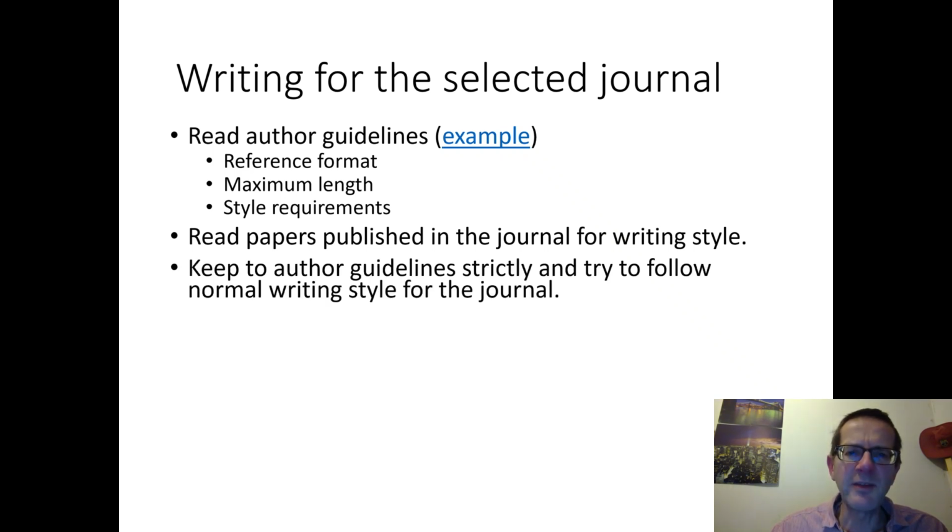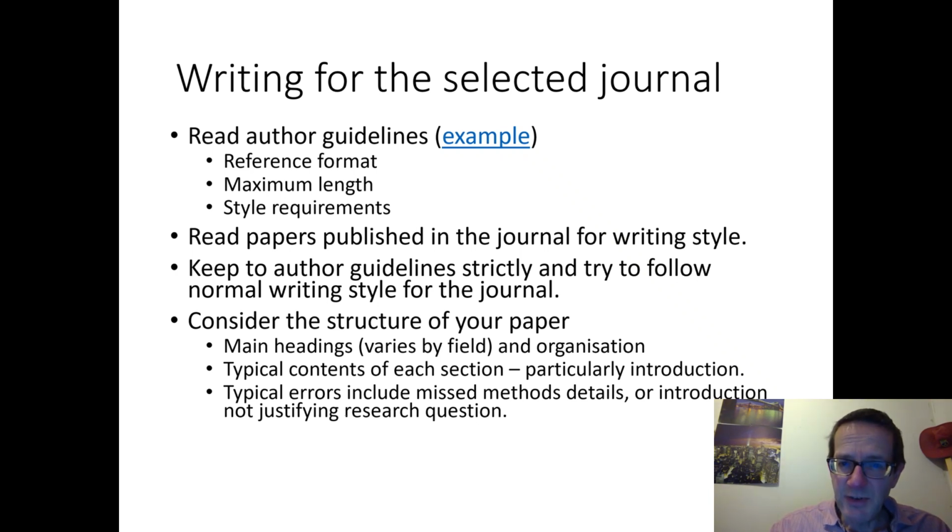And also what kind of things are put in the abstract. That's sometimes hard to write, but you can check that by reading abstracts in recent published papers in the journal. So keep to the author guidelines really strictly and follow the normal writing style for the journal unless you've got a good reason not to.